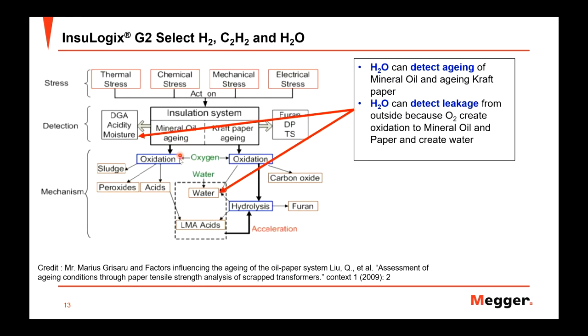If there is oxygen inside your transformer, or the leakage that I told you about before, it will create water. That means if the amount of water is increasing inside your transformer, it's likely that there is a leakage of your transformer, or air coming in from the outside and creating water inside your transformer.